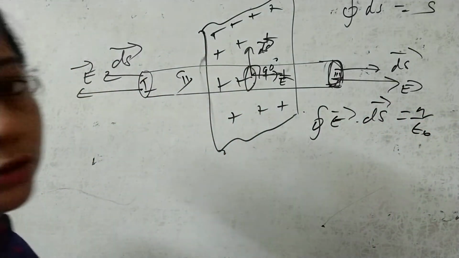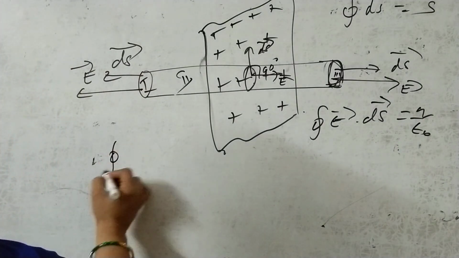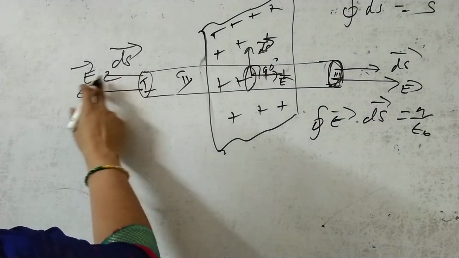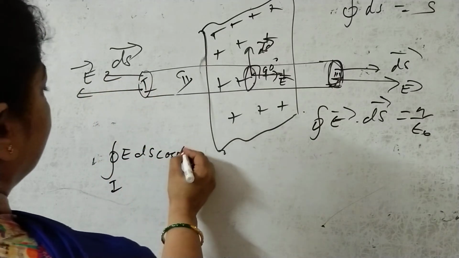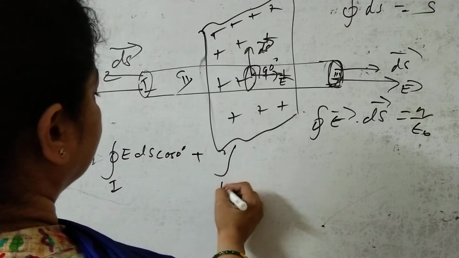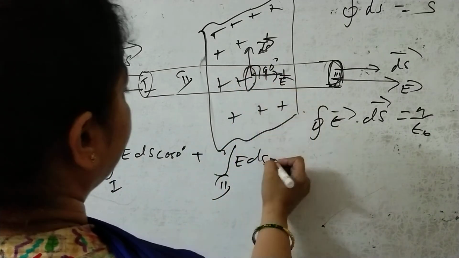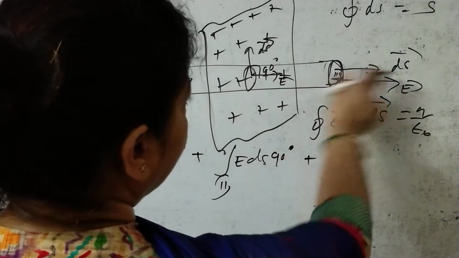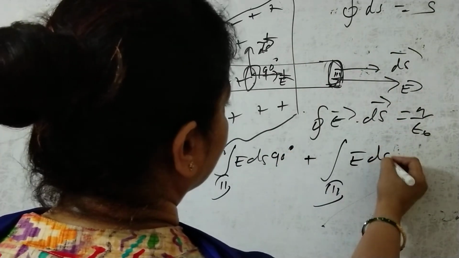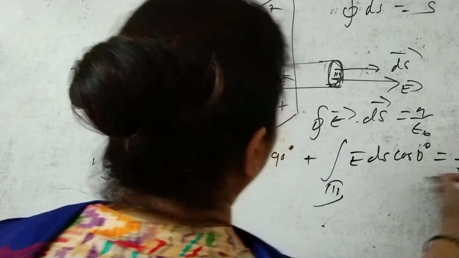We divide it into 3 different regions. The first region is E ds cos 0 degree. In the second region, E ds, what is the angle? 90 degrees. In the third region, E ds, what is the angle? Cos 0 degree. And finally it is Q by epsilon naught.